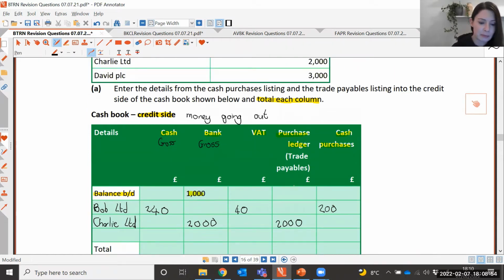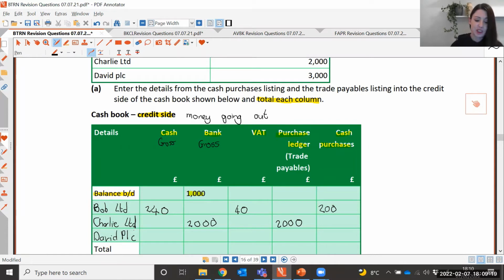Okay, then lastly, we've got the last transaction. So what will we put into the details column? Yeah, so it's David PLC. And then where will we enter the 3,000?